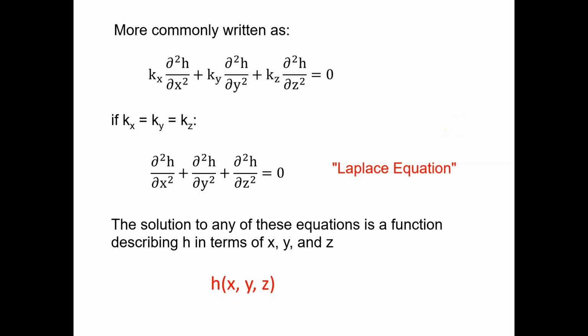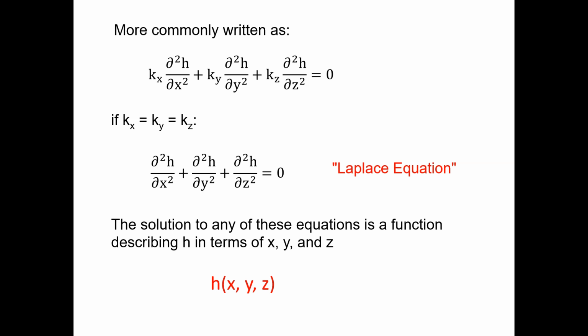And if you've had a course in differential equations, you probably remember that the solution to a differential equation is a function. In this case, the dependent variable is head, and so the solution to these equations is a function describing head in terms of x, y, and z.